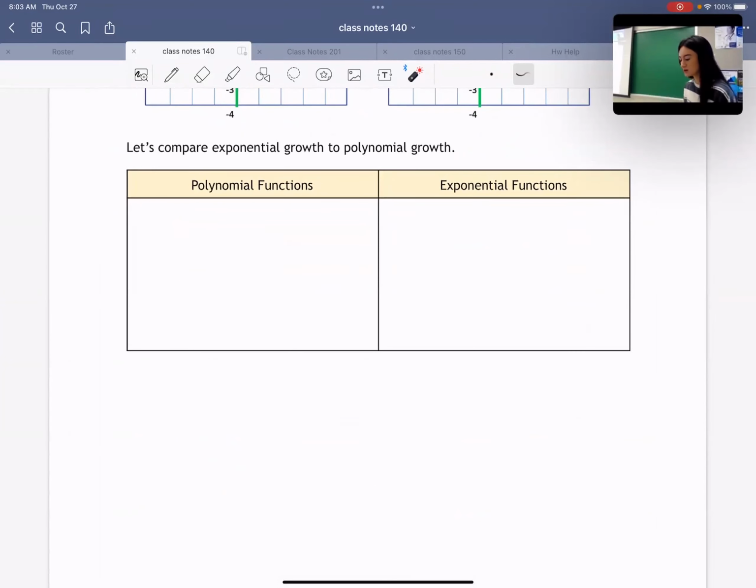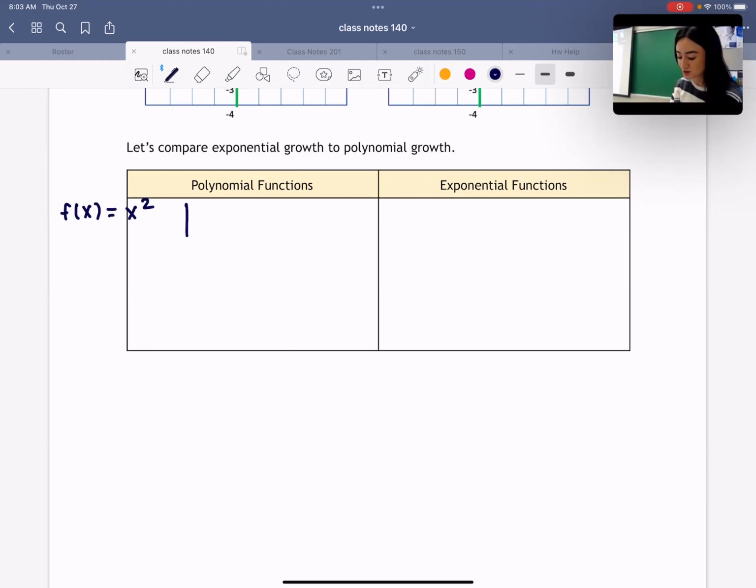The reason they're so important is that exponentials do something different than polynomials. For example, the graph of f of x equals x squared is not an exponential, it's a polynomial function.